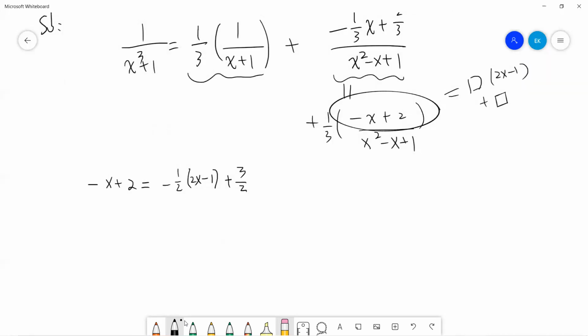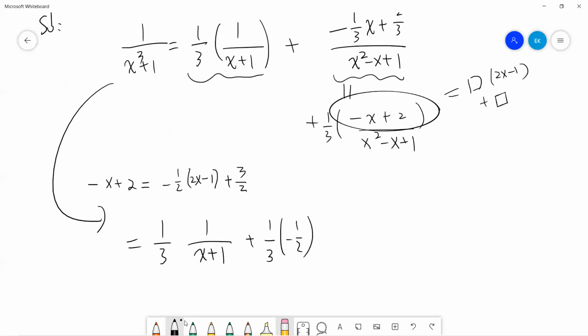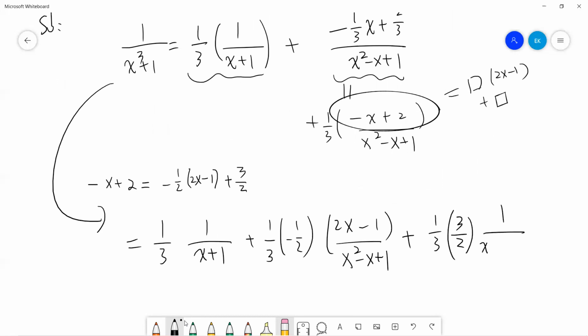So one can write this as 1/3 times 1 over x plus 1, plus 1/3 times negative a half of 2x minus 1 over x squared minus x plus 1, plus 1/3 times 3 divided by 2 times 1 over x squared minus x plus 1. Okay, so we have this factorization.